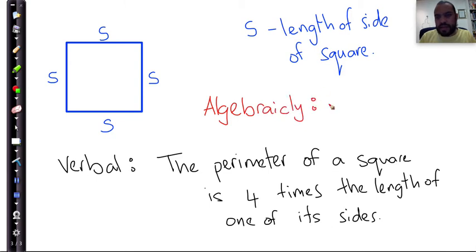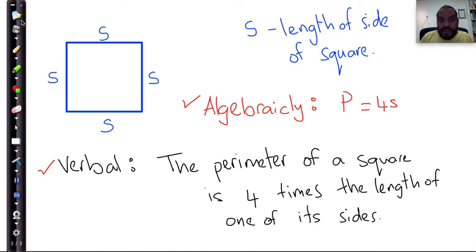Algebraically, we would say that the perimeter, which I'm going to represent with P, is equal to 4 multiplied by S. Remember, 4S just means 4 times S. I don't need to put the dot in between, but that's 4 times S. So there we have the verbal representation of the perimeter of a square, and there we have the algebraic representation, which is just based on the length of the side. We're really looking at the distance around this object.